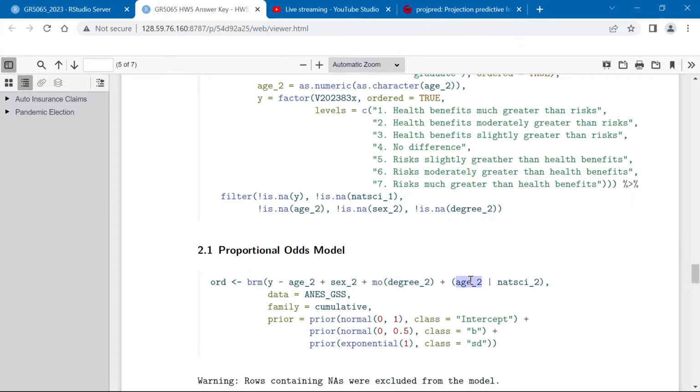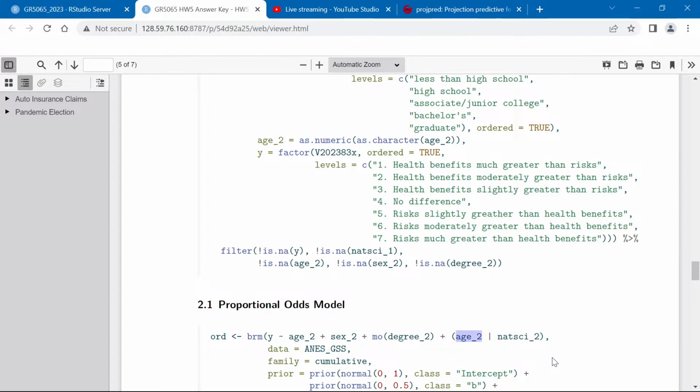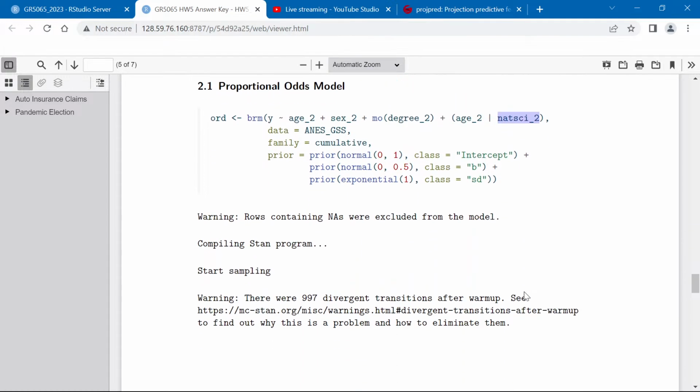And also, more for the sake of illustration, allow the effect of age to differ depending on how much the person thought the government should be funding scientific research in 2016 or 2018, whenever it was that they were asked that question, before things got all thrown out of whack by the pandemic.